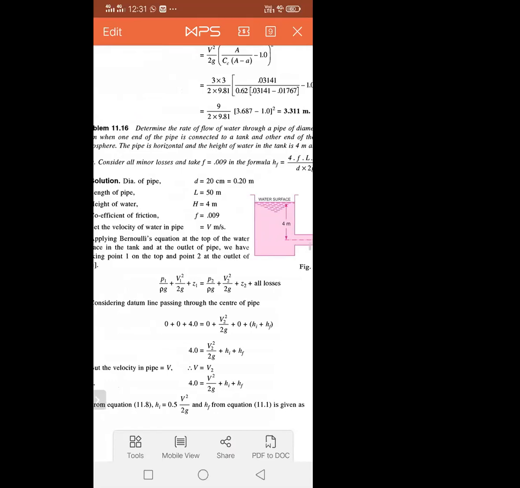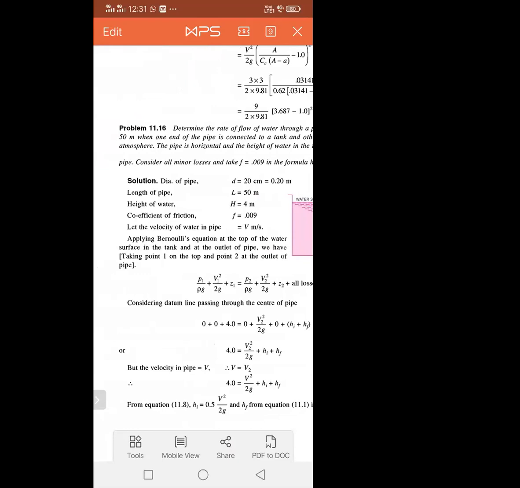Consider all losses. Then, considering the datum line passing through the center of the pipe, P upon rho g is 0, V1 is 0, and we only take the height of water, which is Z, or datum height, 4 meter.